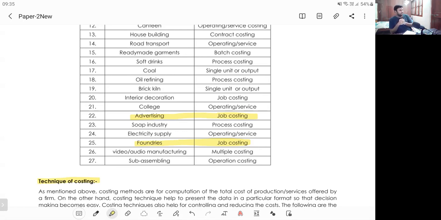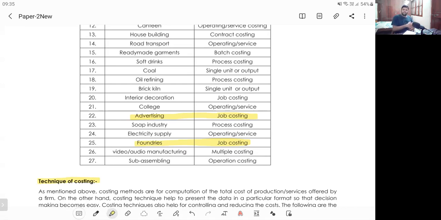Like you see in many places outside, whenever building construction happens they bring metal, but you cannot keep that metal directly in the building, right? You have to cut it accordingly. You cannot use a blade to cut that. You have to use a casting machine. So a place where casting happens is called a foundry.